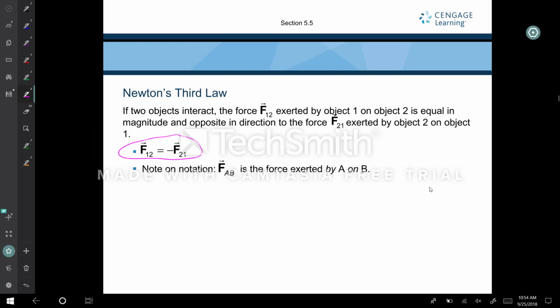But you'll be asked, when a gnat or a small bug hits the windshield of a truck, which one experiences the larger force? The majority of you will say the bug experiences the greater force because it goes kablooey rather than the truck.